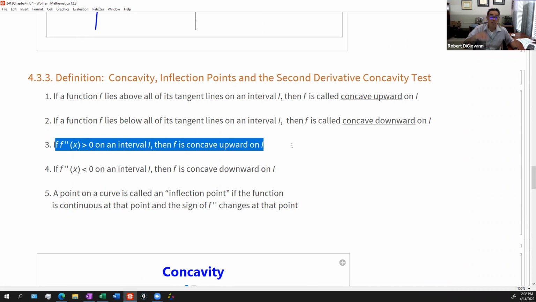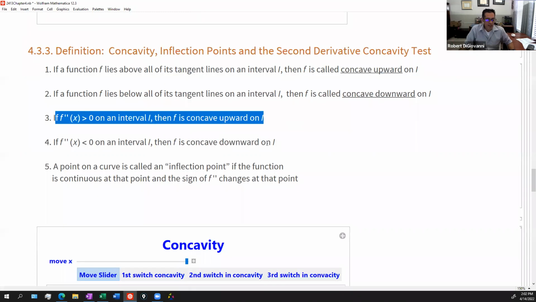So second derivative positive means you look like a smile. Second derivative negative means you look like a frown. That's easy to remember because positive people normally smile and negative people are usually frowning, right? When your second derivative is positive, you're happy, and when it's negative, you're sad. That's the way the graph looks, okay?